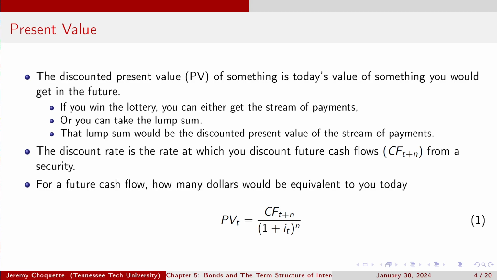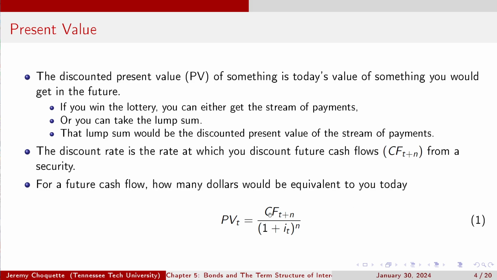And for a cash flow, it's how many dollars would be equivalent to you today. So the question would be, if you can get $1,000 next year or you can take something today, what is $1,000 a year from now worth to you in hand right now? That's the discounted present value.